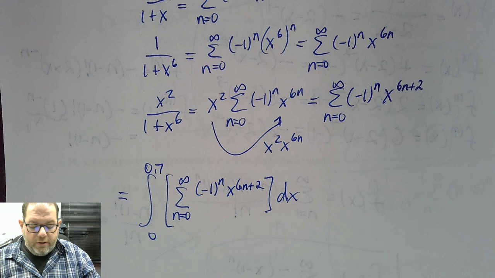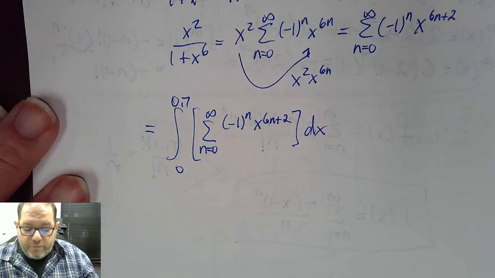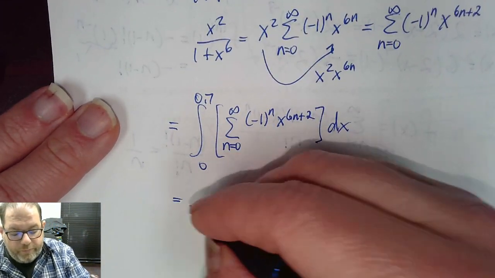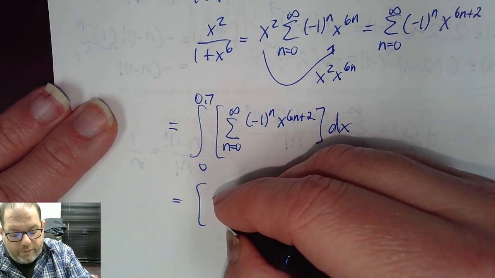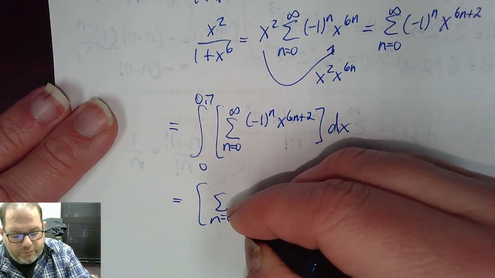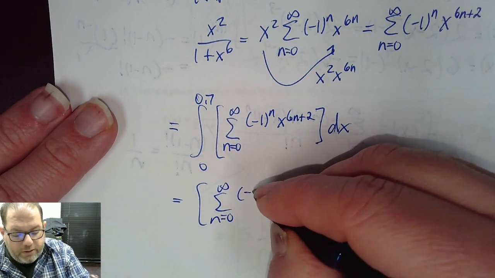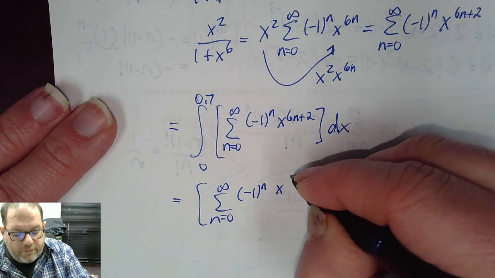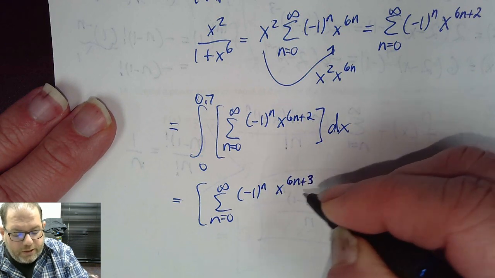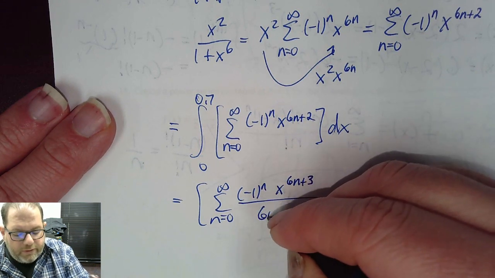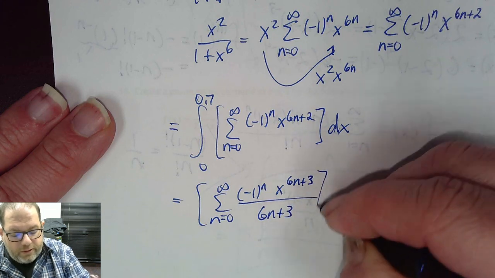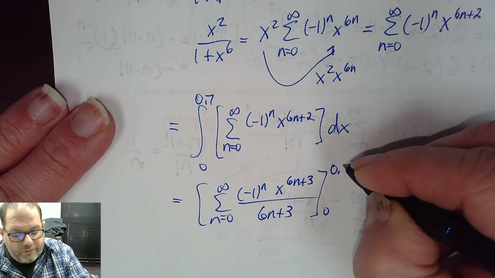Okay. And so the integration for that, we're going to have the sum n equals 0 to infinity, negative 1 to the n, x to the 6n plus 3 over 6n plus 3, and that's from 0 to 0.7.